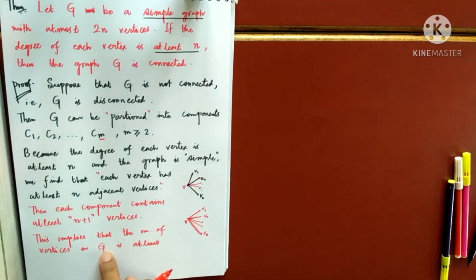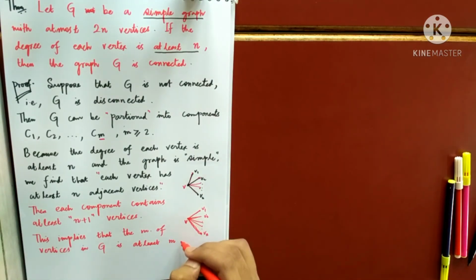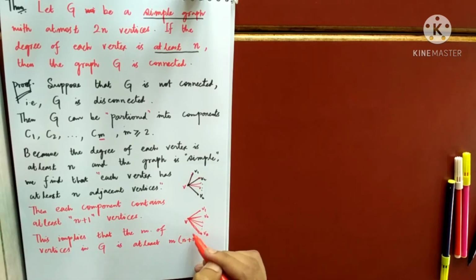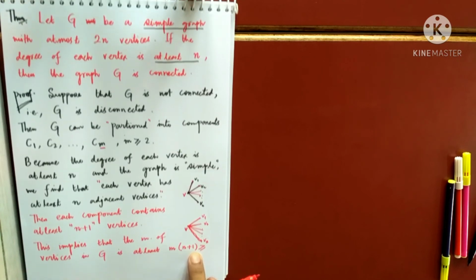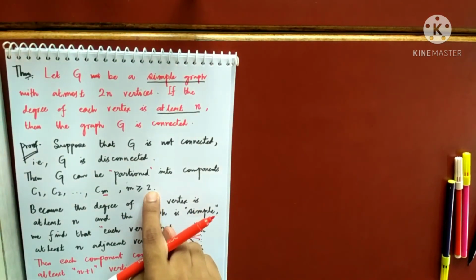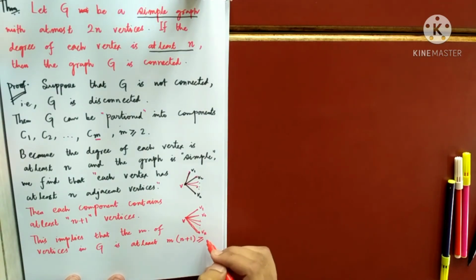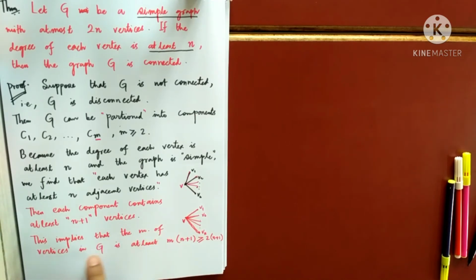So this implies that the number of vertices in G is at least m into n plus 1. Why? Because each component has at least n plus 1 vertices, and there are m components. This is greater or equal to, m is greater or equal to 2, so you just replace m by 2. So 2 into n plus 1. So the number of vertices in G is at least 2 into n plus 1.